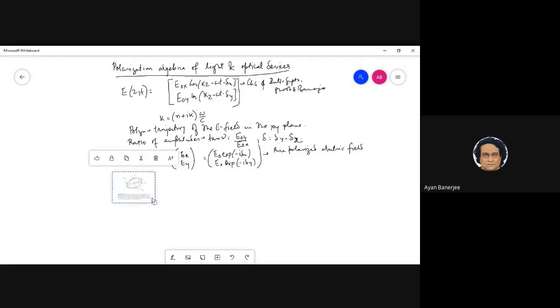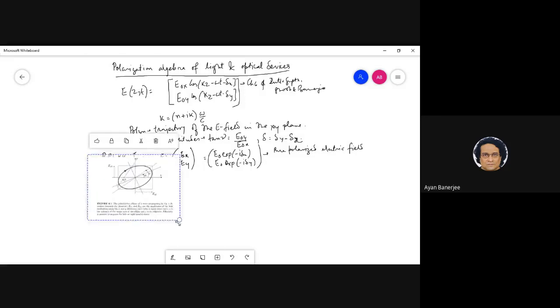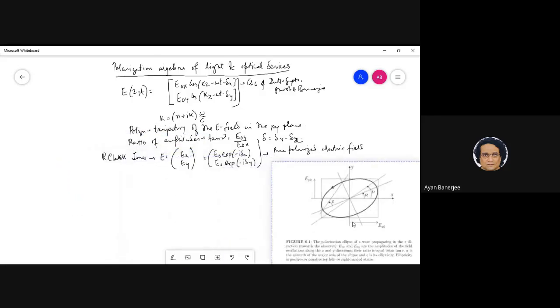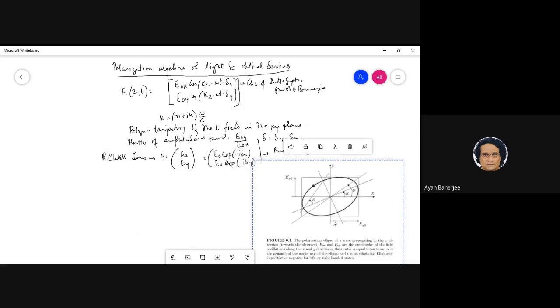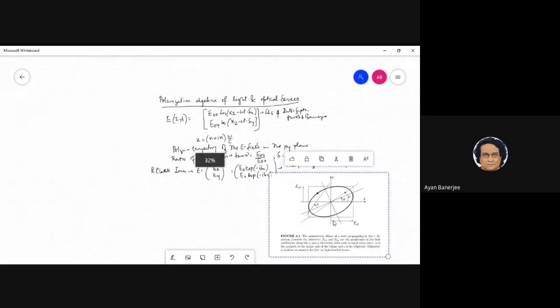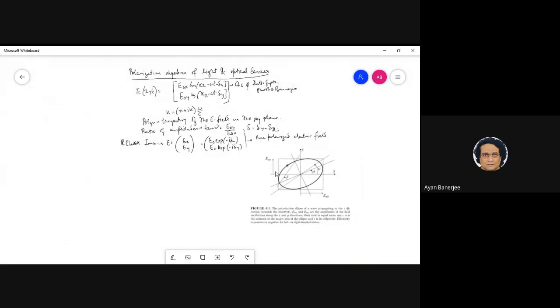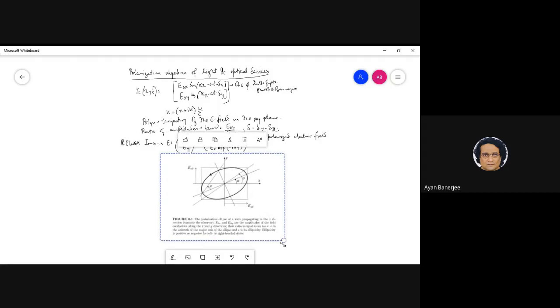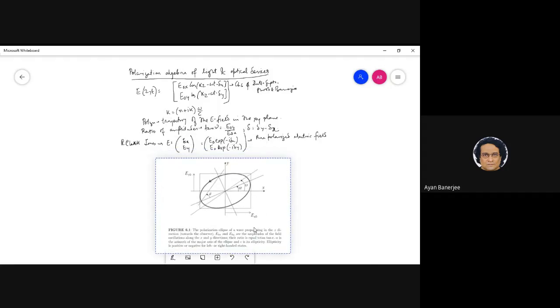This is a very nice figure. It is very clearly depicting this whole thing.